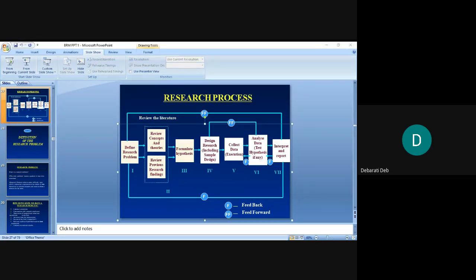Setting a target is like this: how much time will be taken if I walk from Siliguri to Kolkata? I don't know the time, but my aim is to find out the exact timing. So you have to assume the timing.